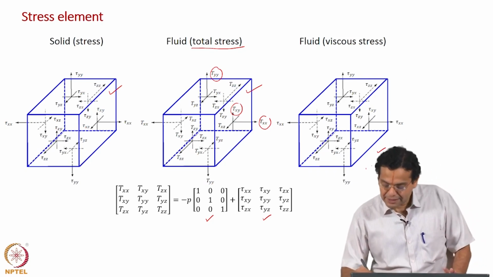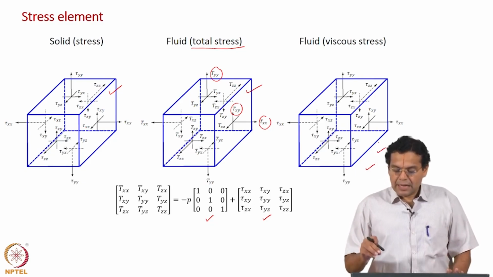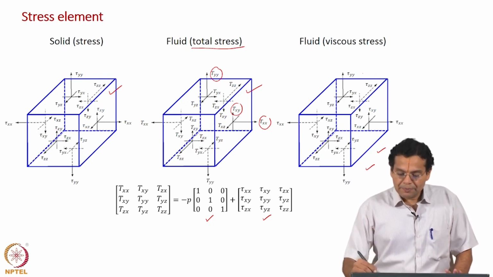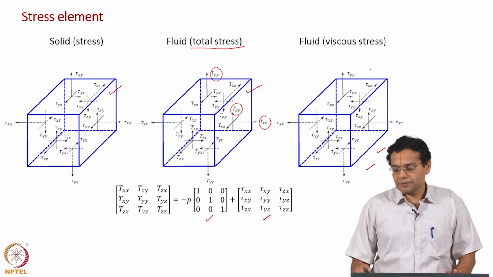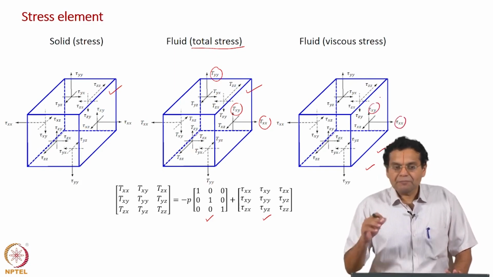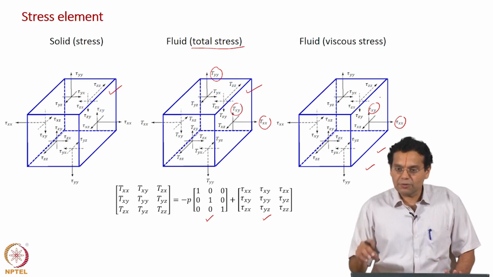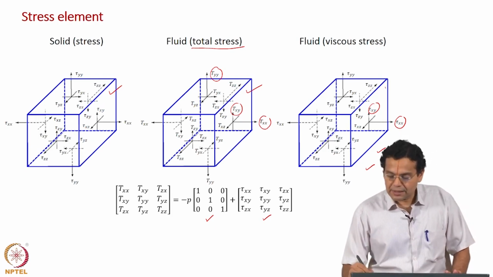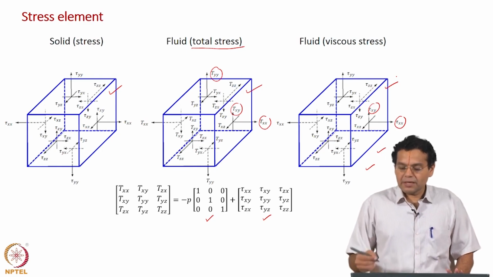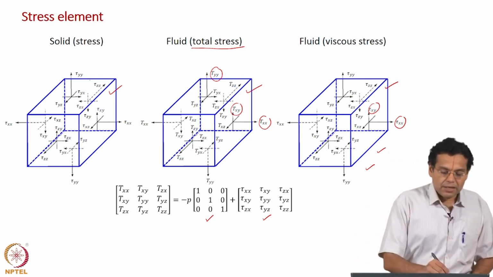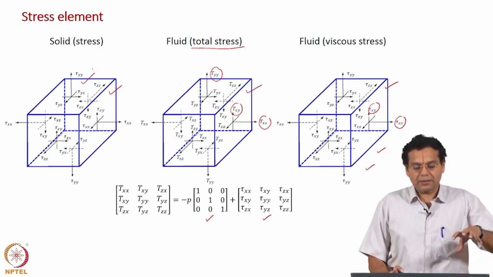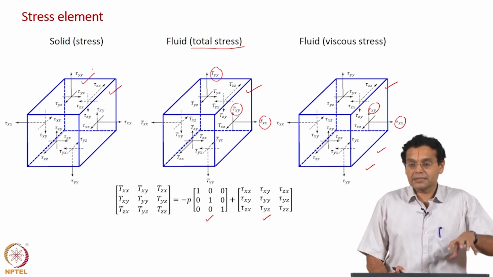Now, the next slide we are going to discuss the viscous stress alone. So, the right side figure now has only tau xx, tau xy, tau yy. What do these represent? These tau xx etc. represent viscous stress components in a fluid. So, this stress element represents the 9 components of the viscous stress tensor. The left hand side stress element represents the 9 components of the stress tensor in a solid.